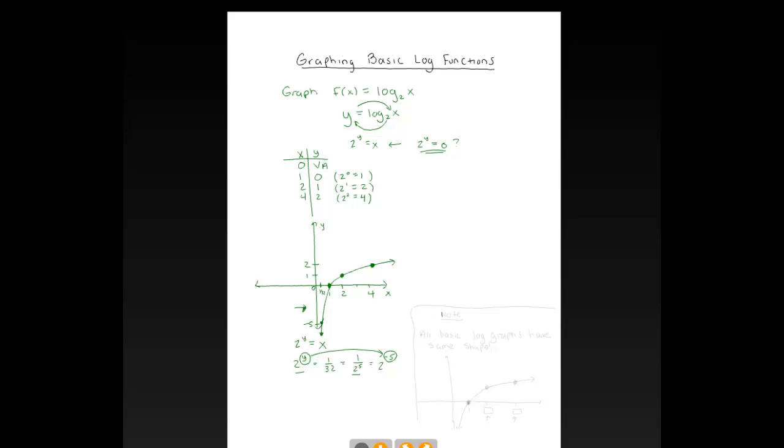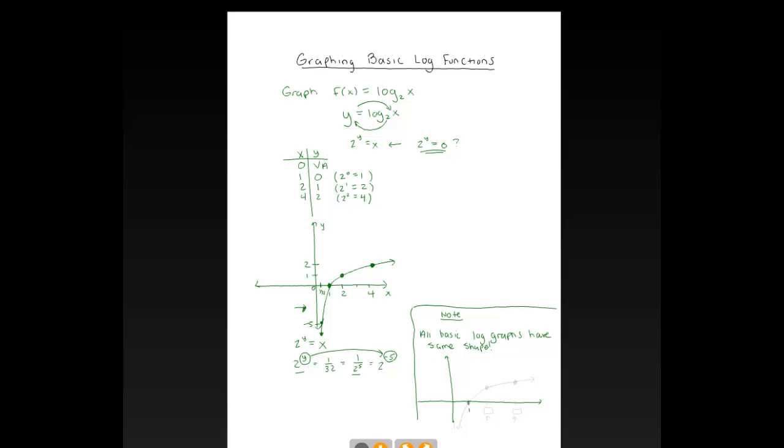Now, one thing I want you to know is that all basic log graphs have the same shape. What I mean by that is they all have this basic shape.